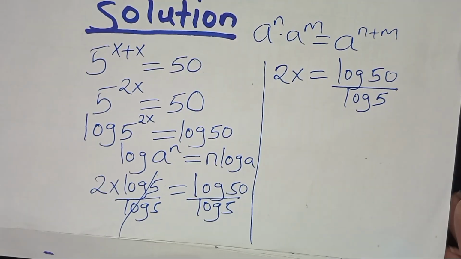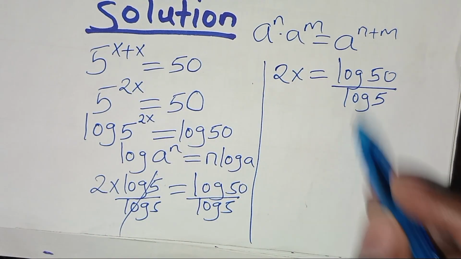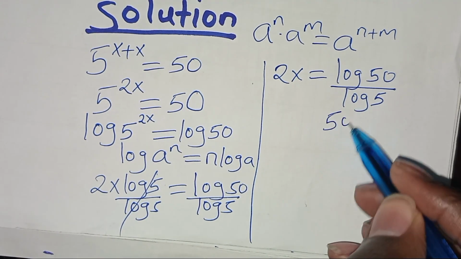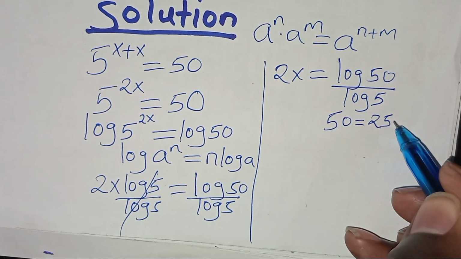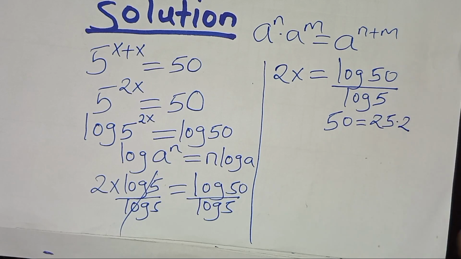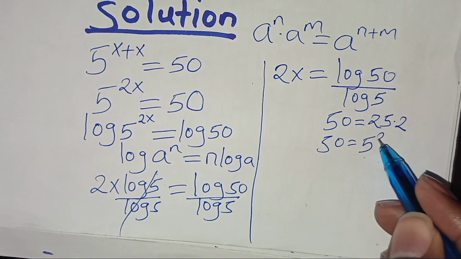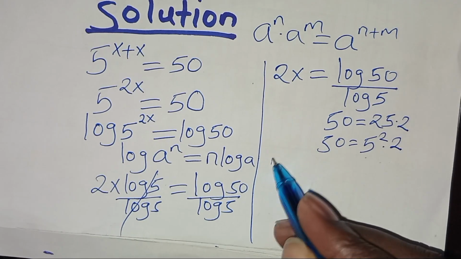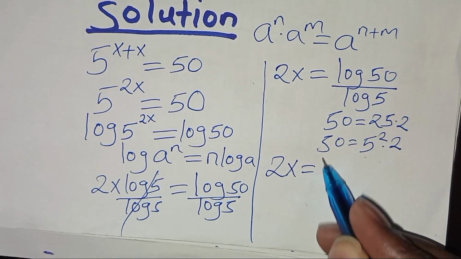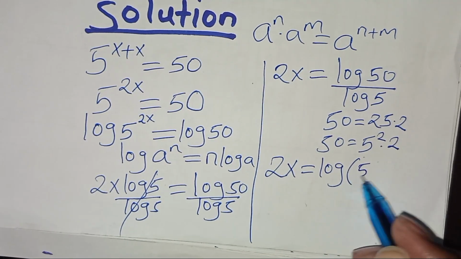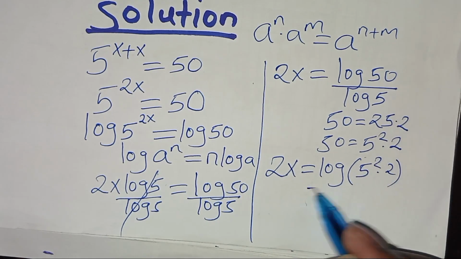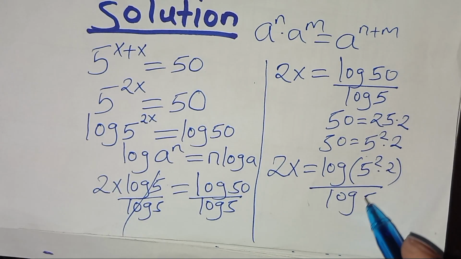Now, from what we have here, we can express 50 basically as 25 multiplied by 2. And 25 can be expressed as 5 to the power 2. So here we'll have 2x equal to log of 5 to the power 2 times 2, all this divided by log 5.